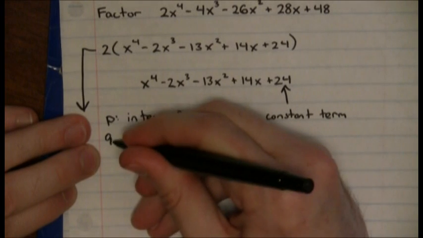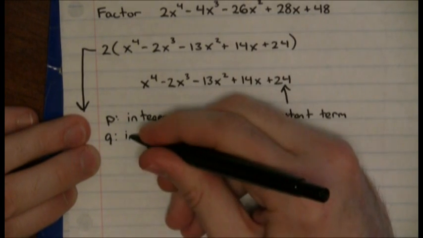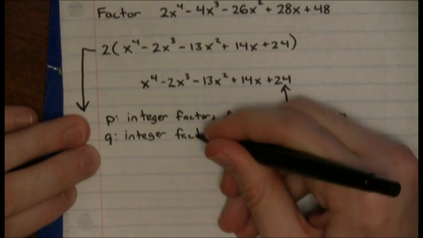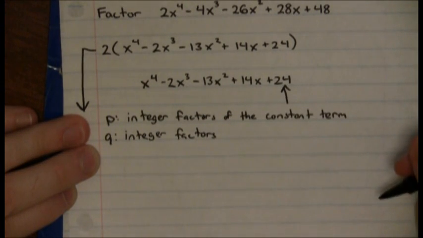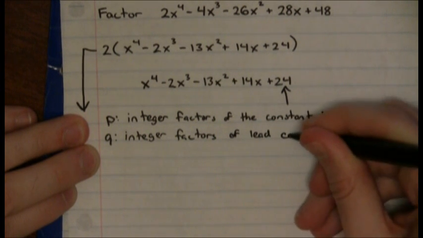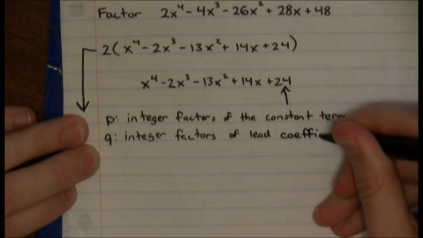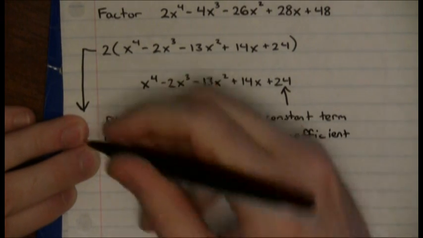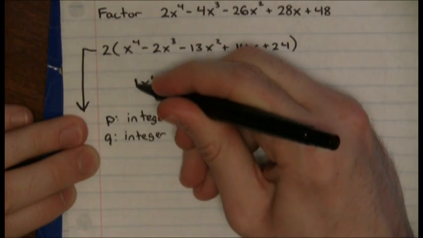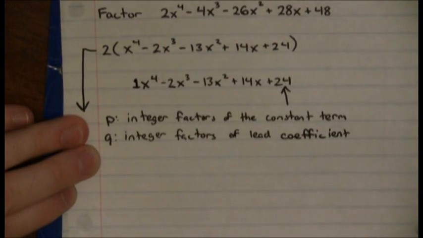Now Q represents all the integer factors of the leading coefficient. And that would be this number right here. In this case, it's the number 1.